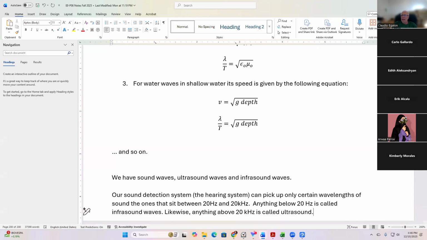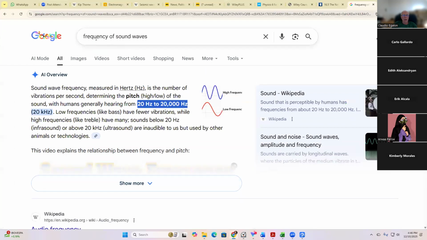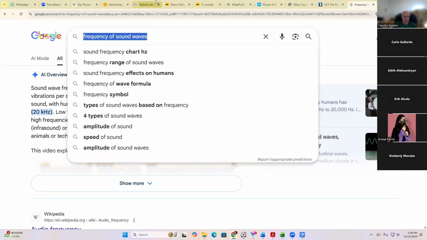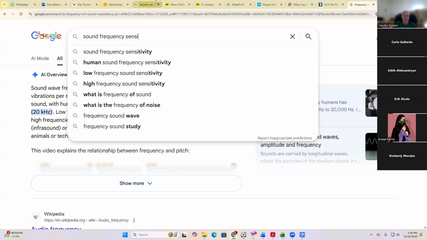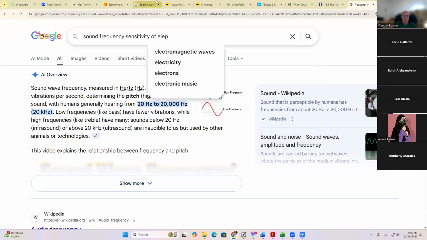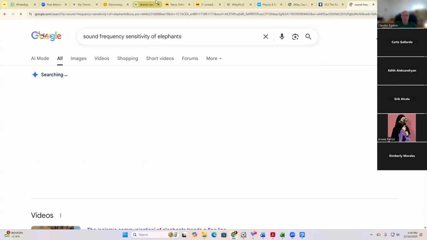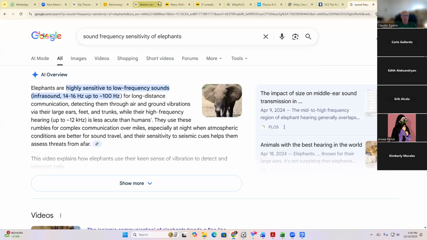Some animals can detect sounds in those regions that we cannot detect. Sound frequency sensitivity of elephants, for instance. See that? They are highly sensitive to low frequency sounds.